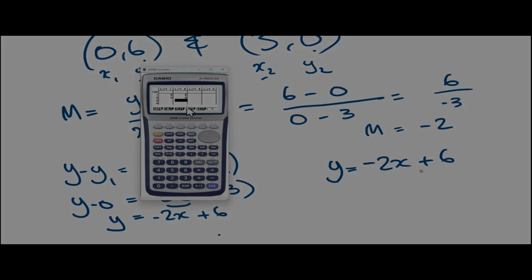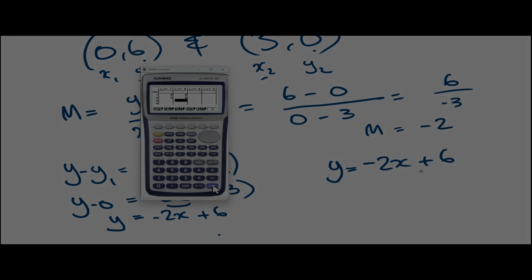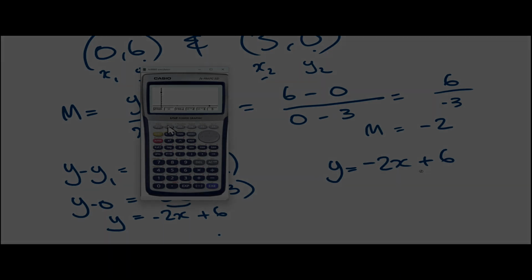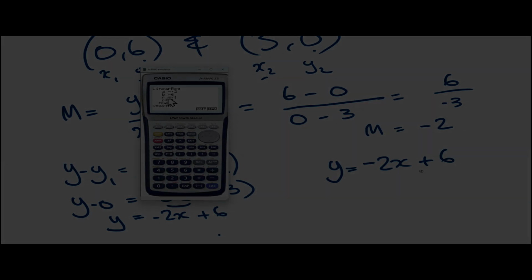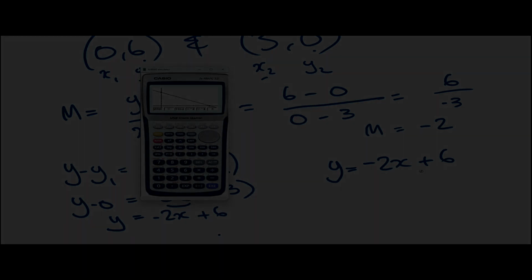Might be a little bit hard to see it. I'll see if I can zoom it in a bit. And I'm going to enter exe, F1 for graph, F1 again, calculate, and I want a straight line. And sure enough, the gradient is -2, and it cuts the y-axis at 6, and it'll even let me draw it. And that looks remarkably similar to that. Different scale, maybe.